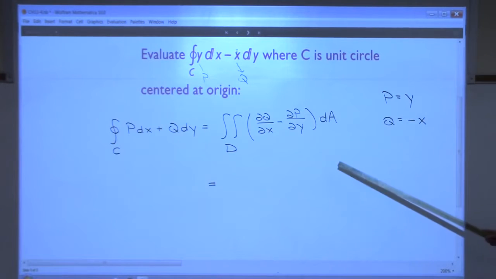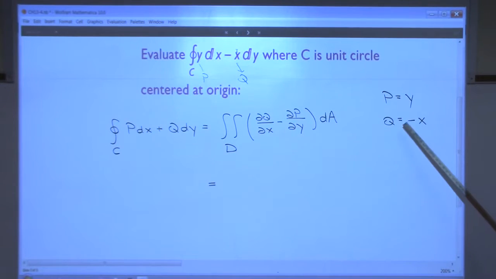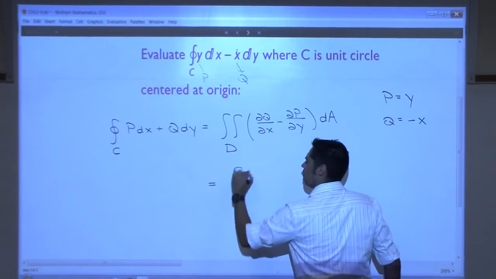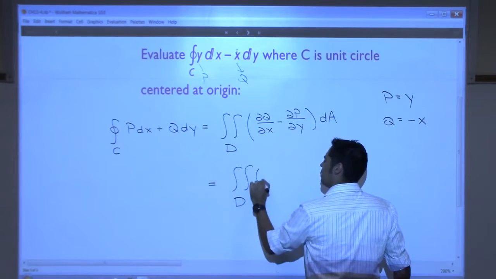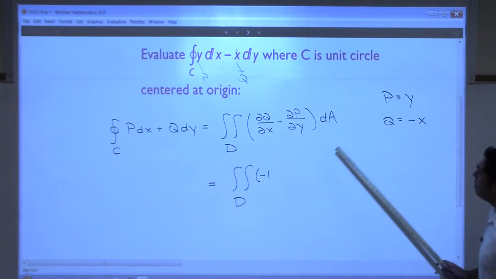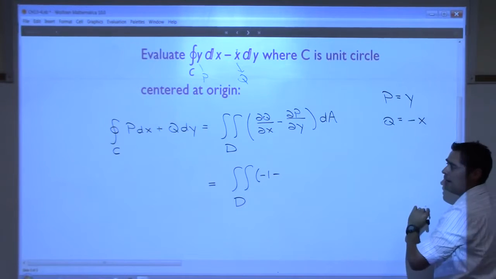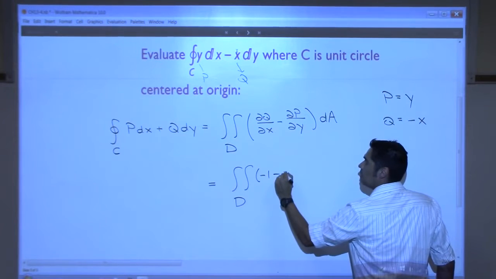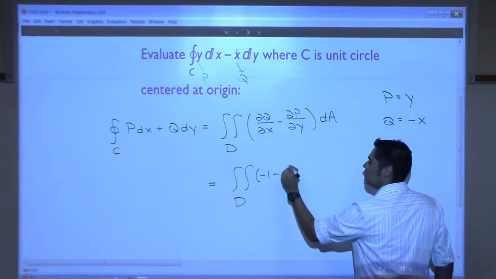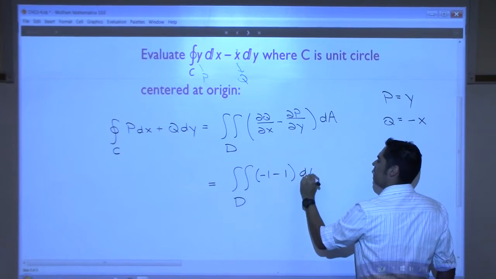OK, what is the partial of Q with respect to X? What's the derivative of this with respect to X? Negative 1. So check it out. D, right? This is negative 1. And then minus the partial of P with respect to Y. 1. So minus 1. dA.